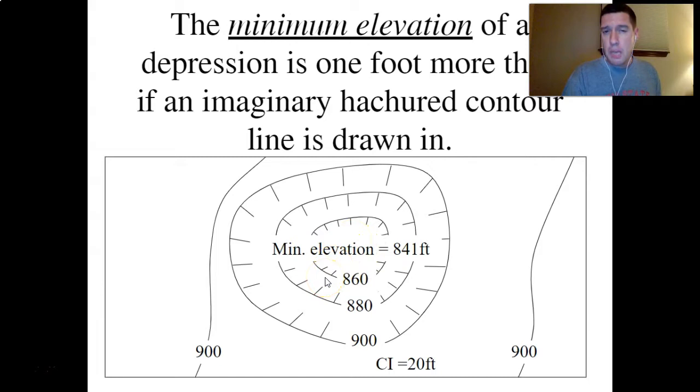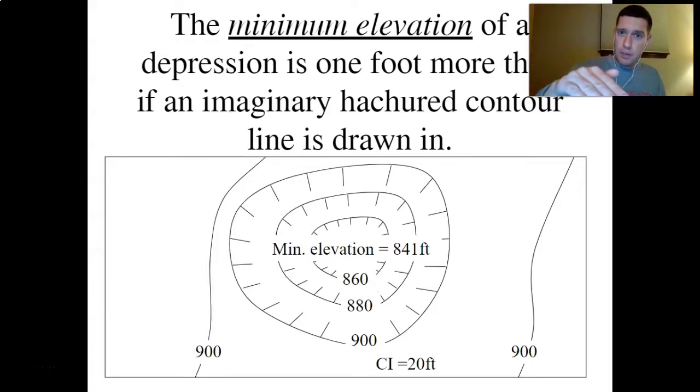So what's the minimum it could be? The minimum elevation of a depression is 1 foot more than if we had another line drawn on the map. In other words, it's down almost to a new elevation line, but not quite. So it's not 840 going downhill.